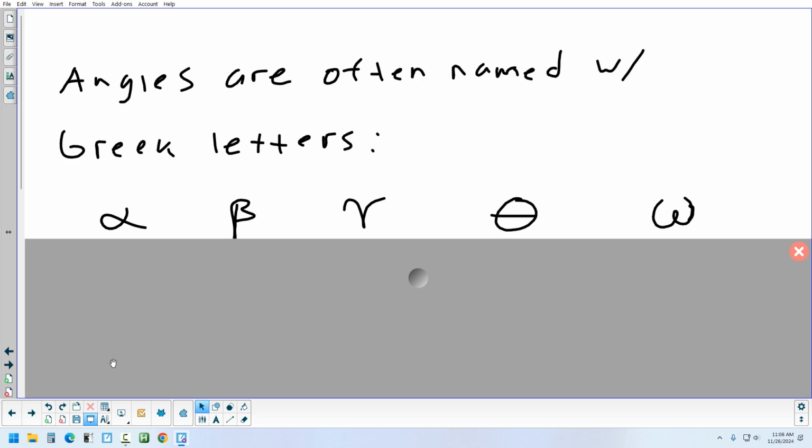Does anybody know the name of that first one? Yeah? What is it? No, it's a Greek letter. It's a letter from the Greek alphabet. But I think I know what you mean. I think there is some kind of symbol.